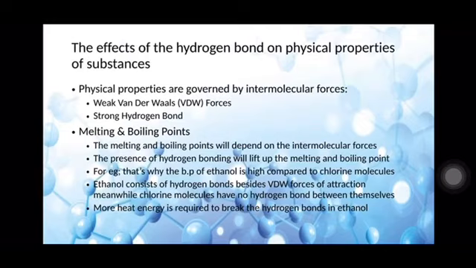For example, the melting and boiling points. The melting and boiling points ni depend pada intermolecular forces. So the presence of hydrogen bonding dalam chemical substances tu, dia akan lift up the melting and boiling point. For example, the boiling point of ethanol is high compared to chlorine molecules. Why? Because ethanol consists of hydrogen bonds. Because hydrogen bond is strong, it is quite difficult to break.